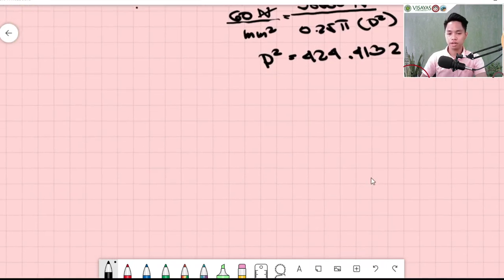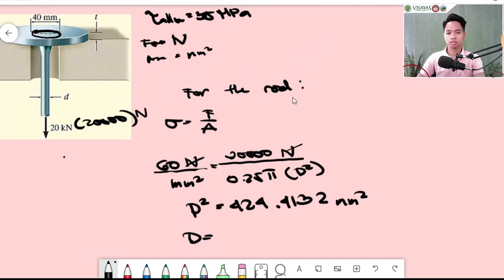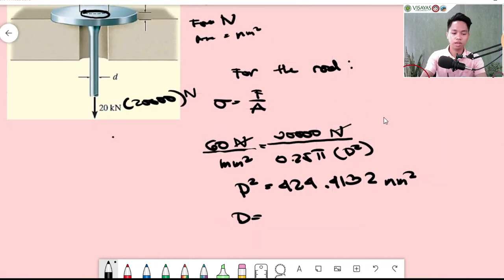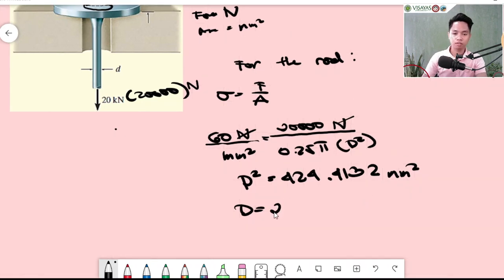Therefore, what is our diameter? That is equal to the square root of the answer. That would be equal to 20.601 mm.